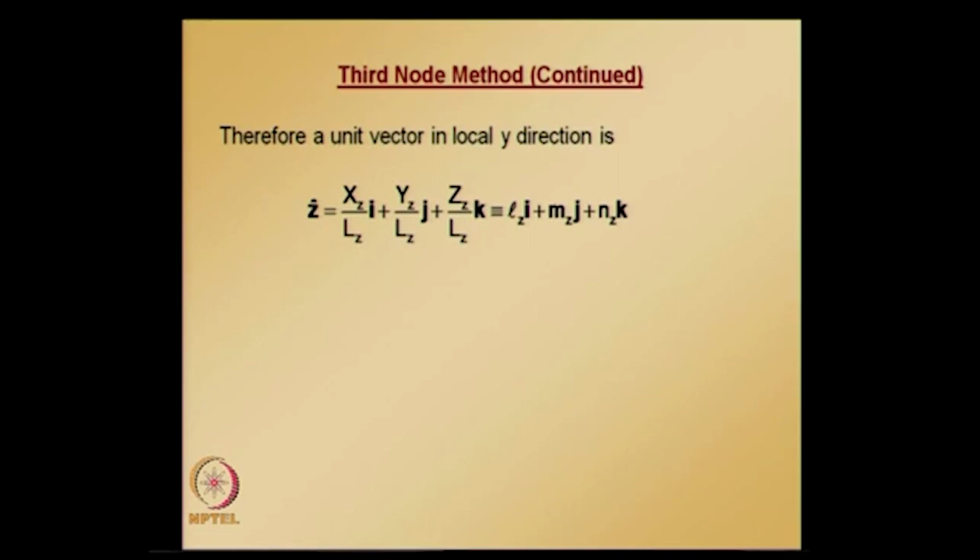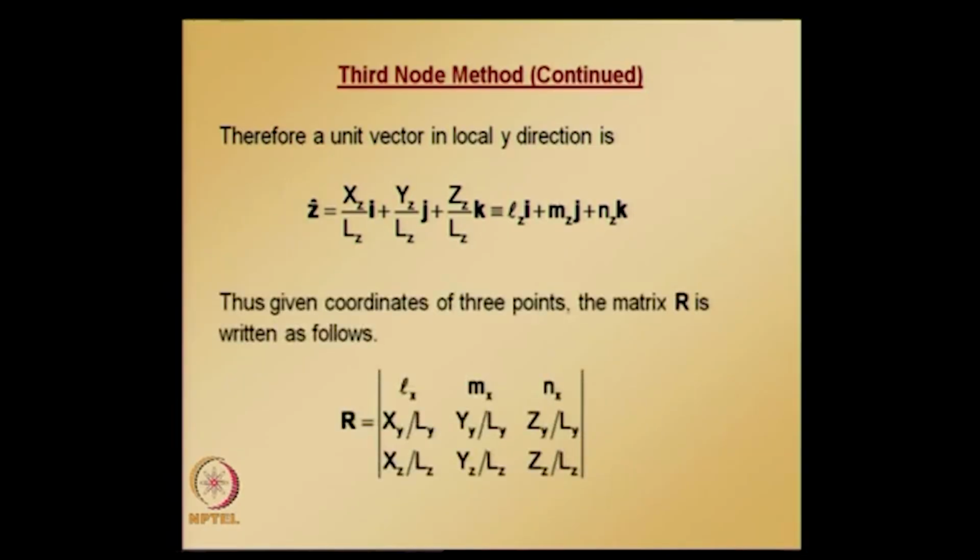So, we obtained unit vectors along the local x axis, local y axis and local z axis. So, now we have all the information to get the rotation matrix.